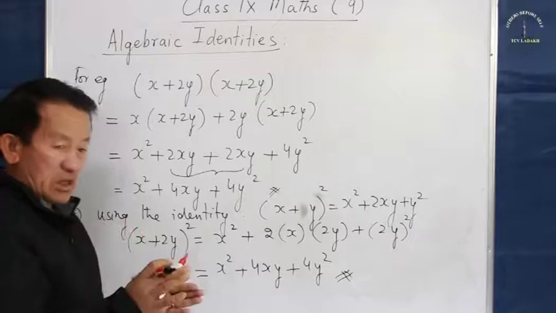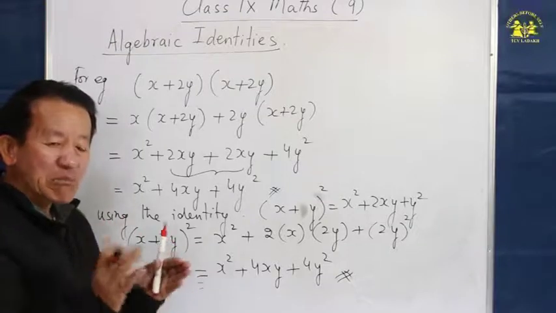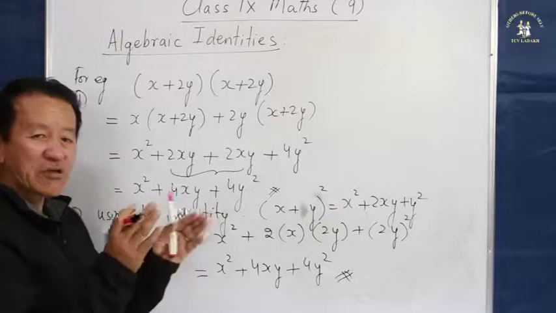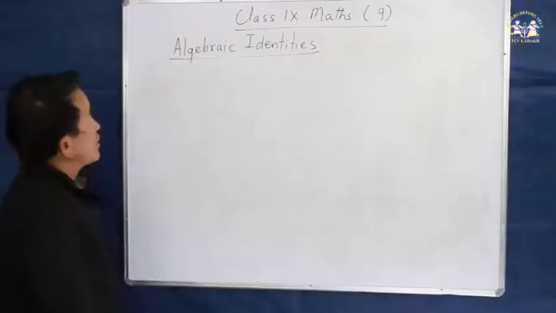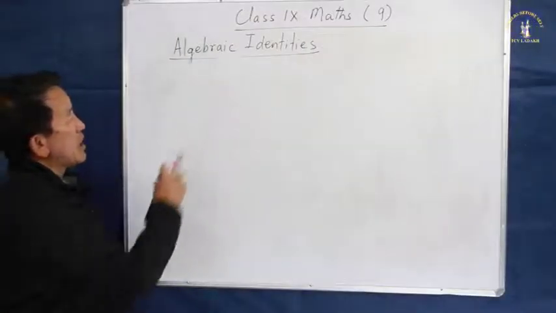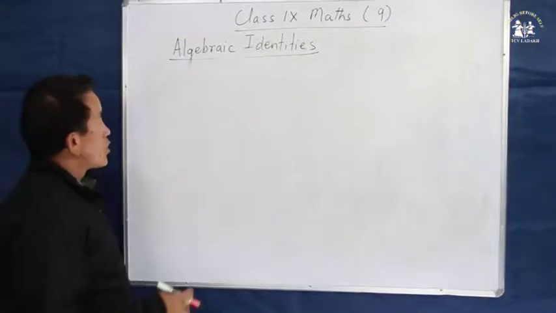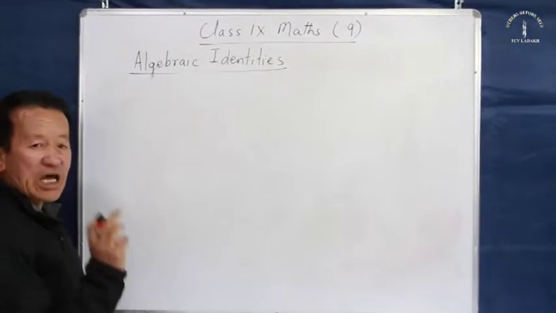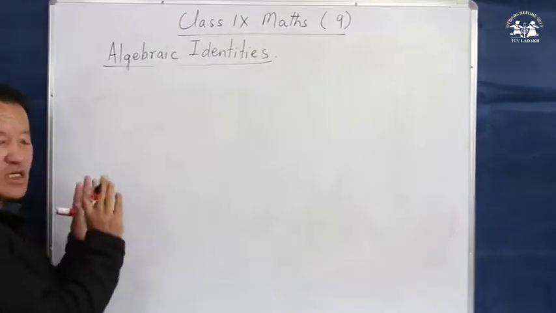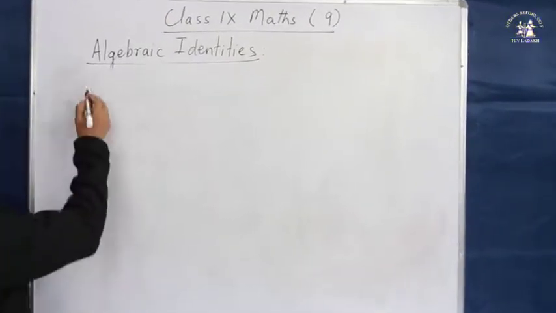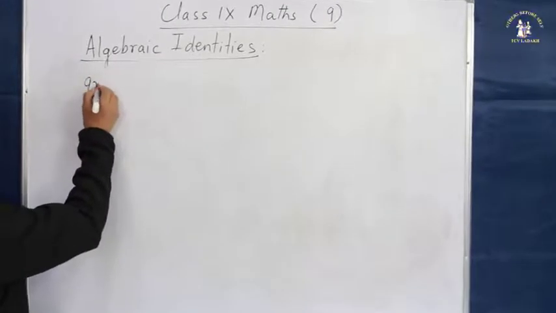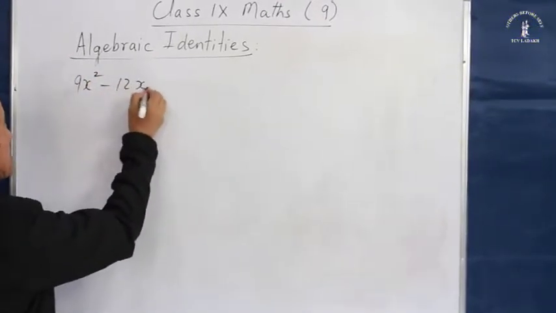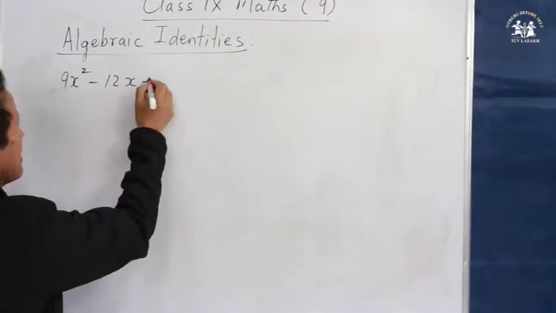Now in this lesson we shall deal mainly with factorization. By using algebraic identities, we shall try to factorize a given quadratic polynomial. So the first example will be 9x squared minus 12x plus 3.